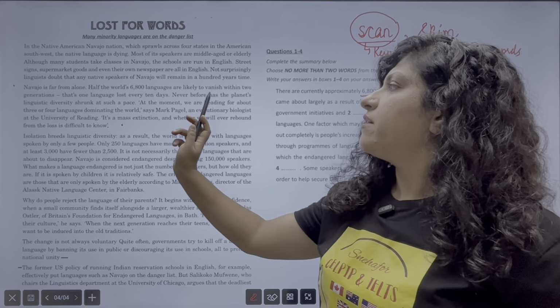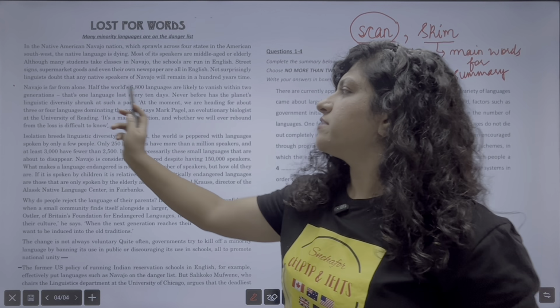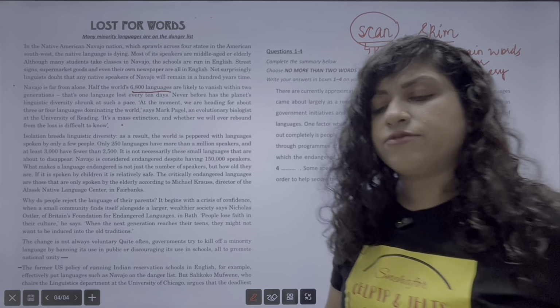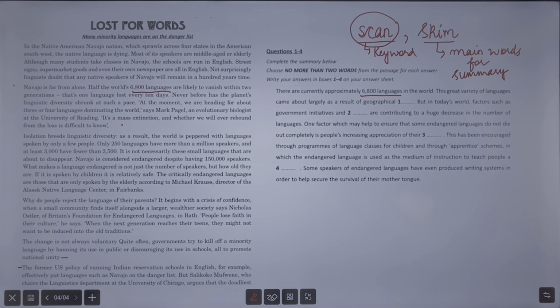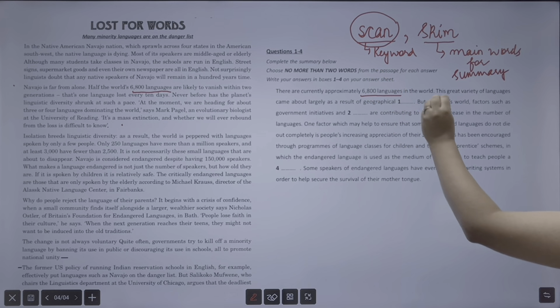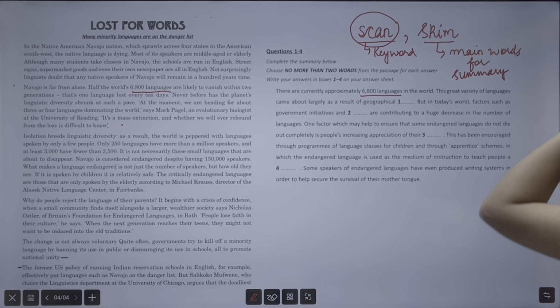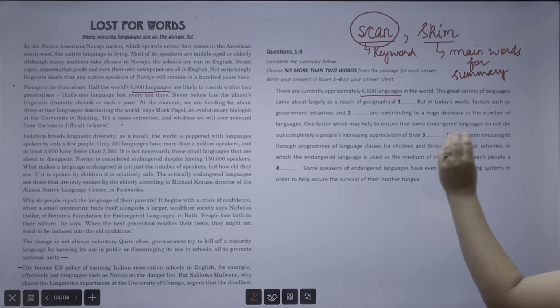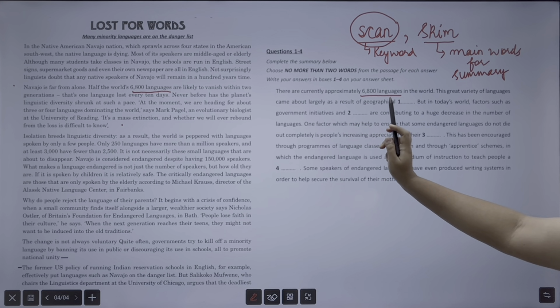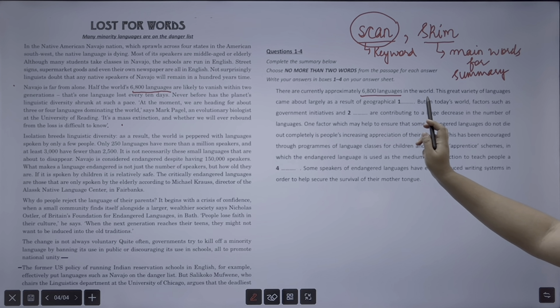Then I come to paragraph 2, and as soon as I start scanning it, I have found my keywords. Once I have found my keywords, now I read around these keywords to come to the correct answer for question number 1. Now, what is the question exactly asking? This great variety of languages came about largely as a result of geographical dash.